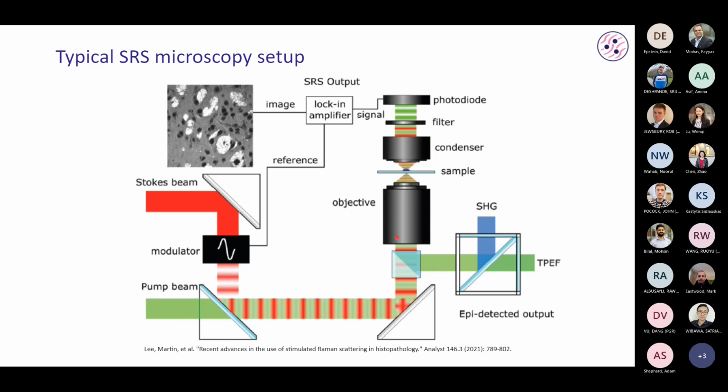Here you can also detect some other signals in the epi-detection, which basically means photons coming back from your sample. So, for example, you can detect the second harmonic generation signal there.